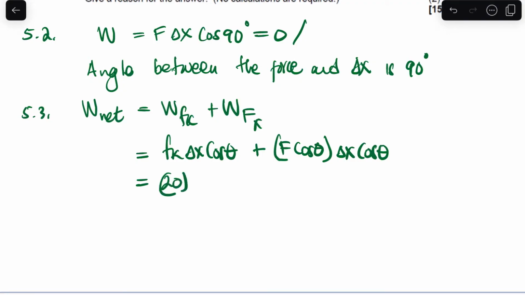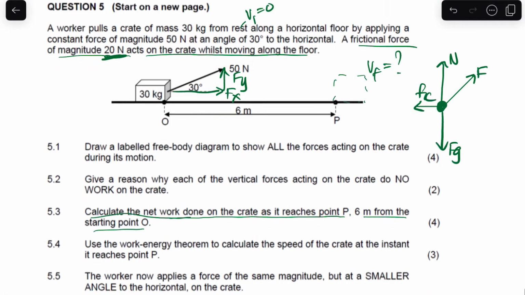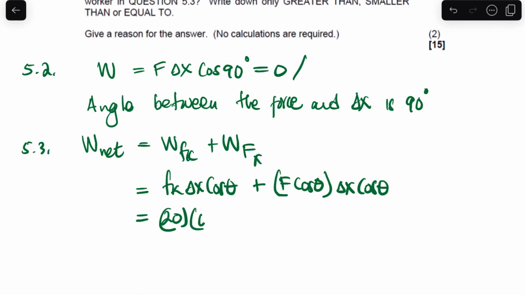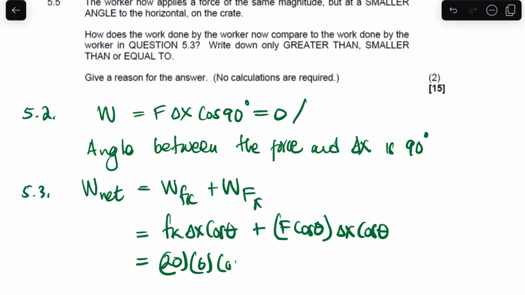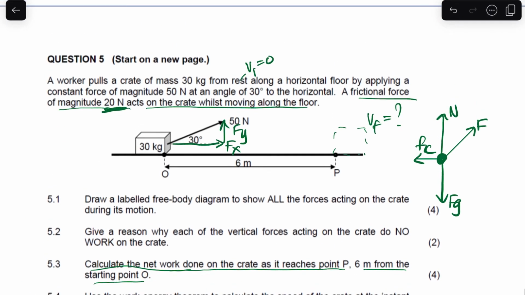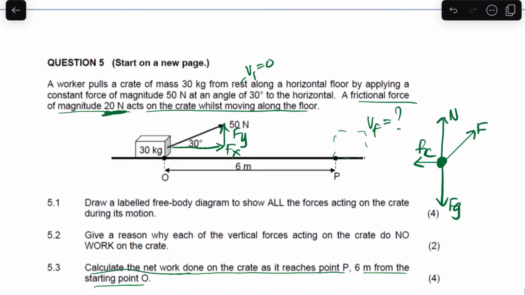We are told it's 20 N. Our displacement is 6 m, with the friction in the opposite direction. And then the force applied is 50, so 50 cos 30.